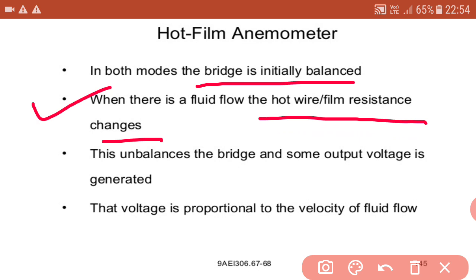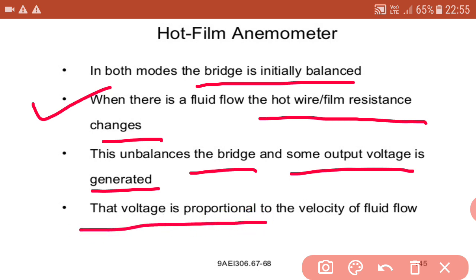Whenever the fluid is flowing through the pipe, the hot wire or film resistance changes, and this unbalances the bridge and some output voltage is generated.